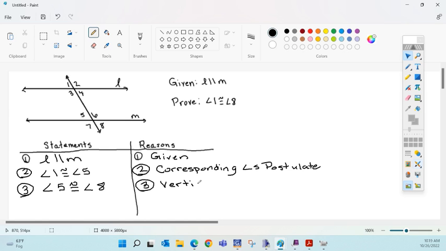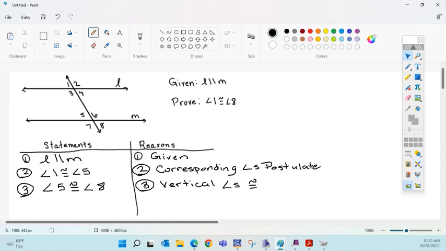We can write it out like that. If we don't remember if it's a postulate or a theorem, we can just write vertical angles. I can use the symbols for congruent, and I can abbreviate it like that if we want to. So angle 5 is congruent to angle 8 because vertical angles are congruent.